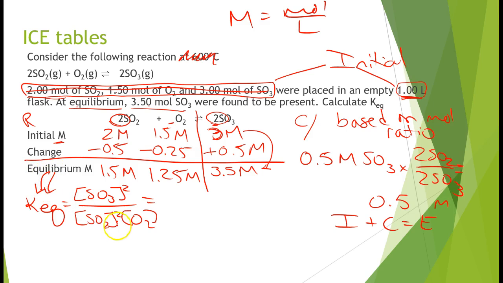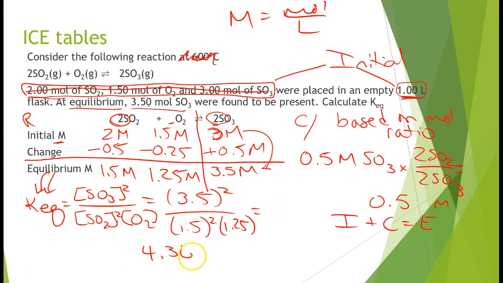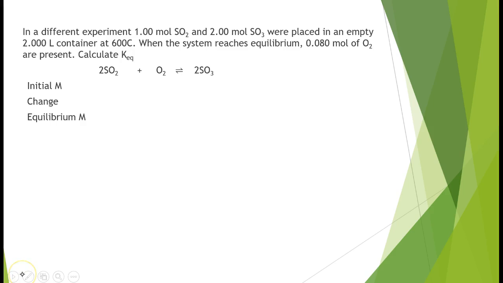The equilibrium values go in here: 3.5 squared over 1.5 squared times 1.25. When I do that on my calculator, I find the answer is 4.36. Remember, K and Q don't have units. Okay? That's basically how you do it. You just have to pay attention to what you're doing. Read really, really carefully. Okay, so let's try this one.